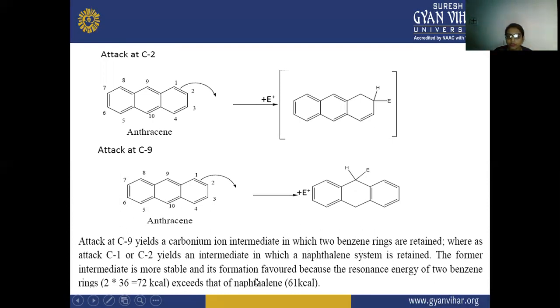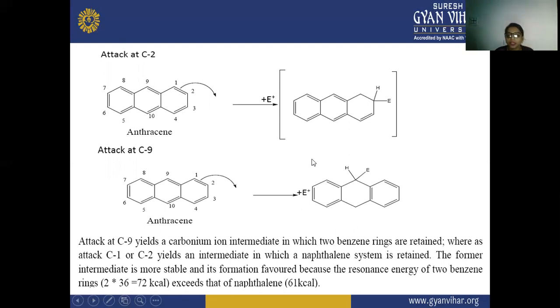It is favored because the resonance energy in the two benzene rings exceeds that of naphthalene. You can see in the 2 benzene rings, the resonance energy is 72 kilocalories, but in the case of naphthalene, it is 61 kilocalories. So this attack at C9 is more favored and more stable.